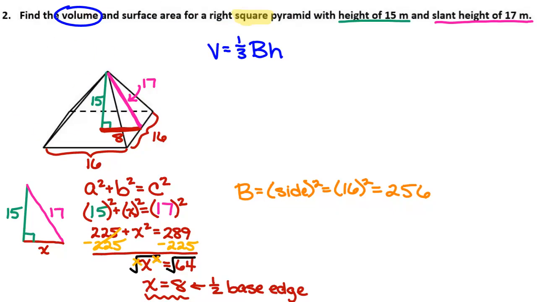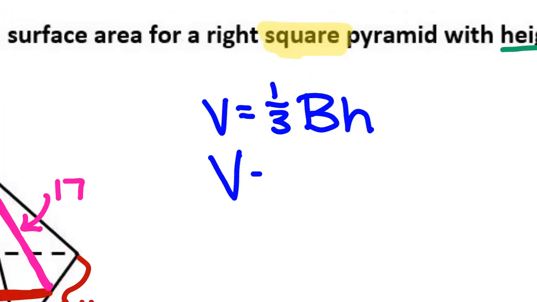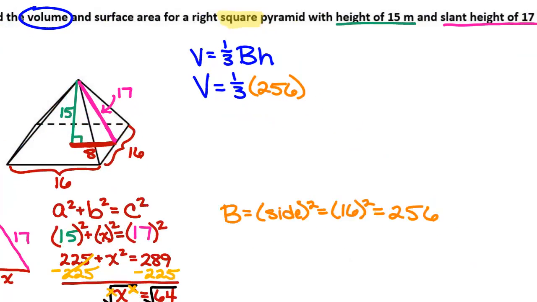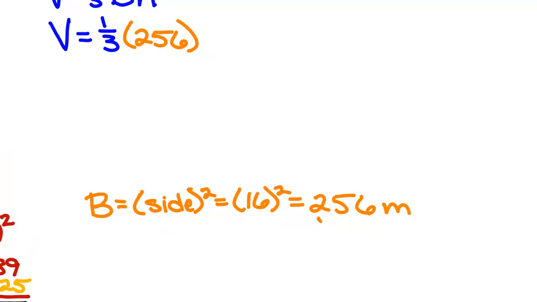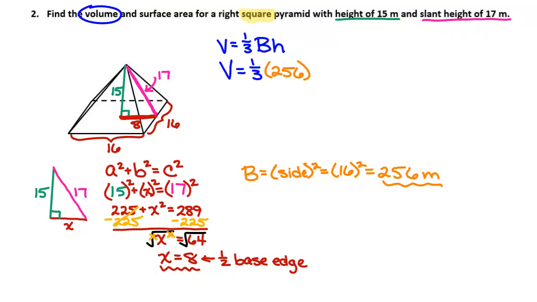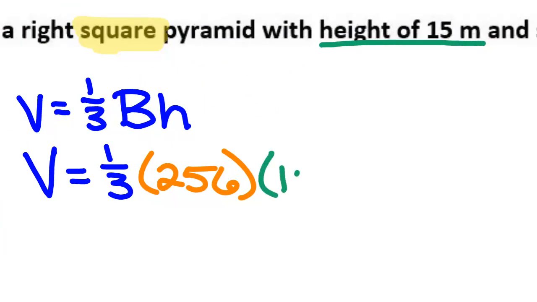All right, so now we can come and use our volume formula. Volume is equal to 1/3 times 256 times what? Is it 15 or 17? What do we use for H? 15. It says the height is 15 meters.